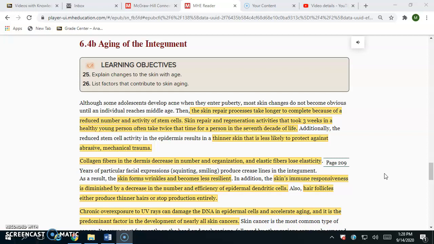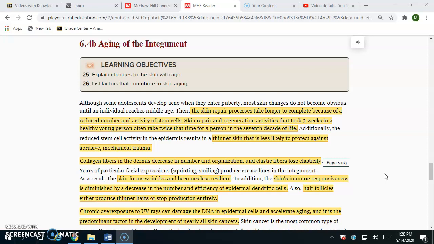The other thing that goes along with our cells that are undergoing mitosis and replacing older, lost or damaged cells is the epidermis. It becomes thinner, so we will not have as many layers of keratinocytes as we get older.